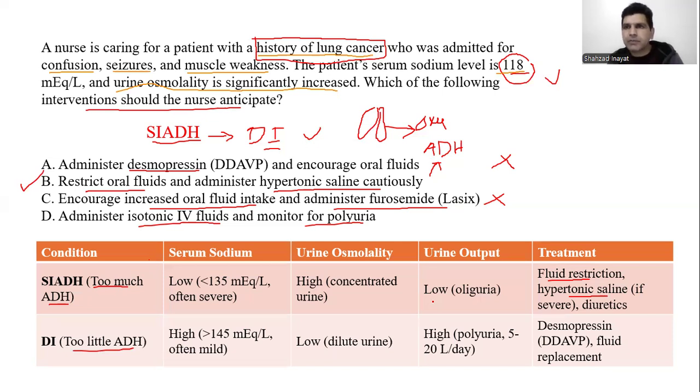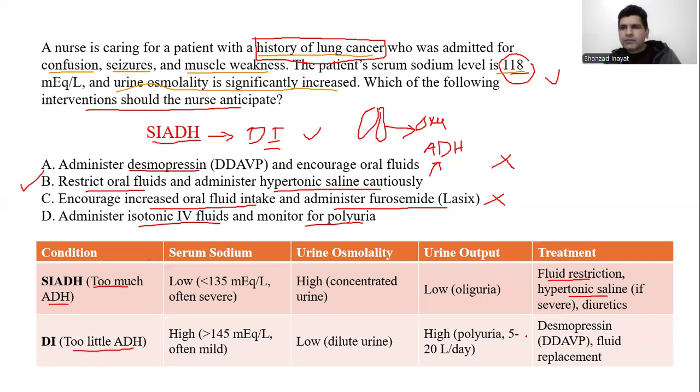Patients usually pass a lot of urine. I have seen patients with head injuries with the condition of diabetes insipidus, and they usually pass 500 ml per hour, 600, and can even go up to 1000 ml per hour. So that much urine they can pass. So urine output is high, polyuria, 5 to 20 liters per day.